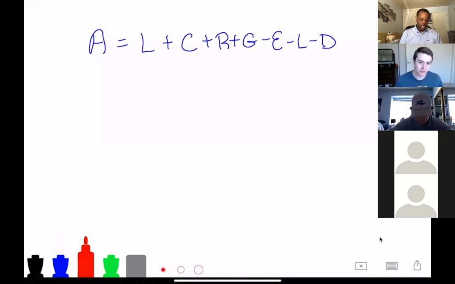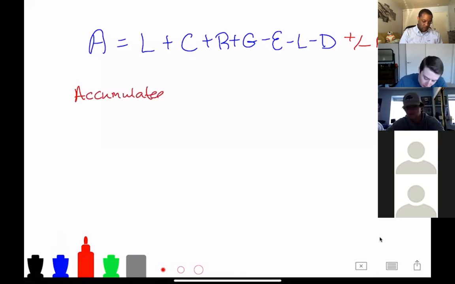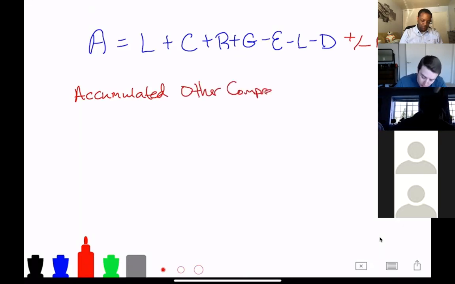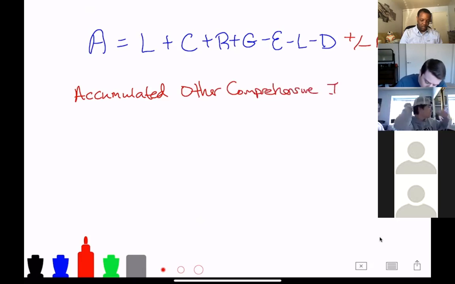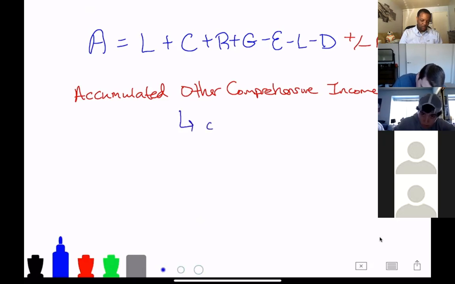Assets equals liabilities plus capital plus revenue plus gains minus expenses minus losses minus dividends plus or minus accumulated other comprehensive income. So AOCI or OCI, other comprehensive income, this is a component of equity.